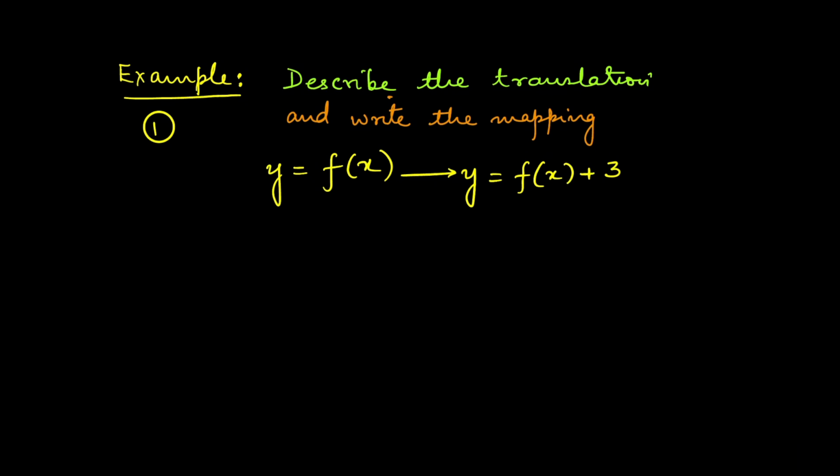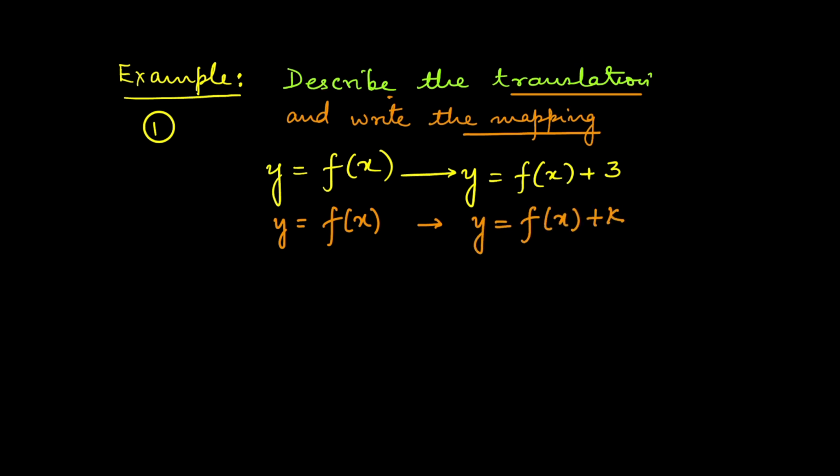So now example 1. In this we see, describe the translation. So we have to describe the translation, which is vertical here, and then we'll write the mapping also. When we describe the translation, first we look for the value of k and then we write first the formula. So y is equal to f(x) transforms to y is equal to f(x) plus k.